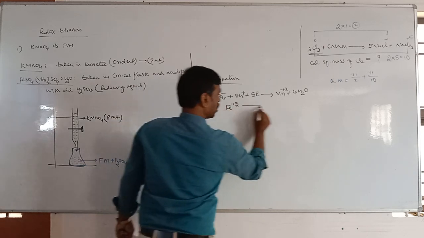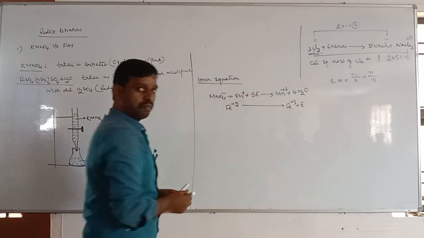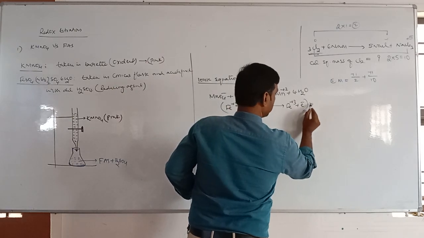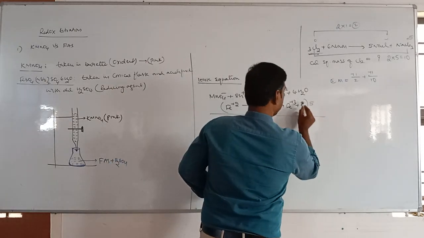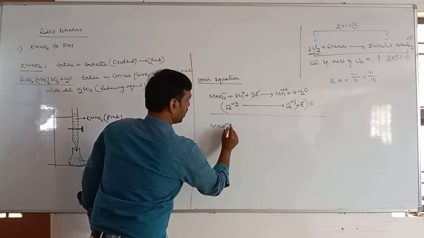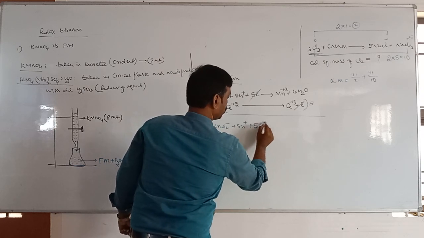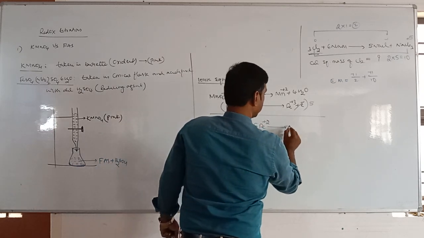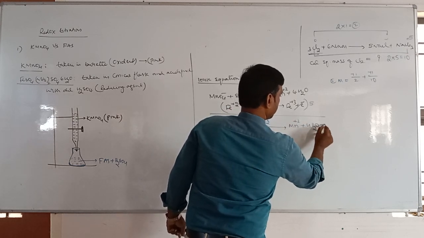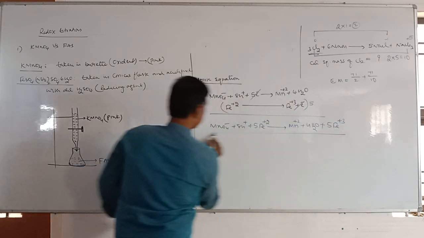Ferrous converts to ferric plus electron. Balance the two half equations with respect to the electron. Multiply the second equation with 5. Okay, 5 electrons will be cancelled. MnO4 minus plus 8H plus plus 5 Fe2 plus gives Mn2 plus plus 4H2O plus 5 Fe3 plus. This is the equation.